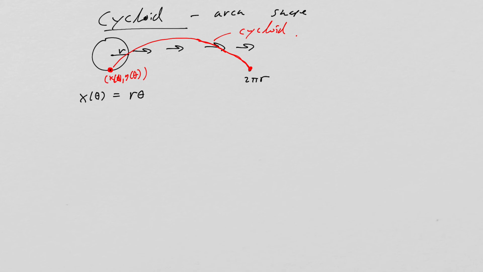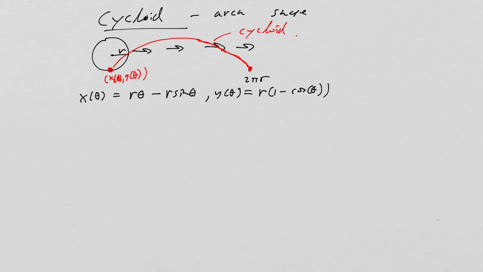That's the movement of the circle left to right as you're rotating it, okay? And then, of course, x is going to speed up and slow down, minus r sine theta. As it goes through its cycle, the x will also wobble back and forth a bit. And then, of course, y of theta is just going to be r times 1 minus cosine theta.